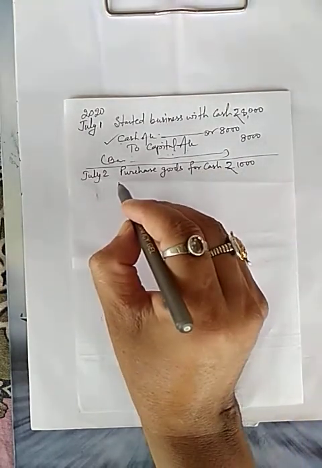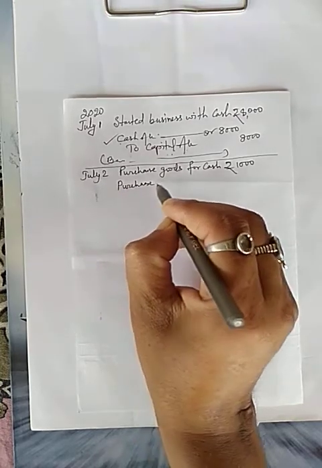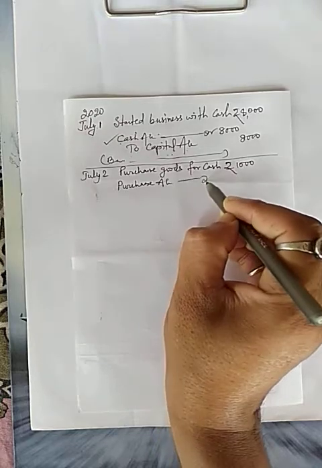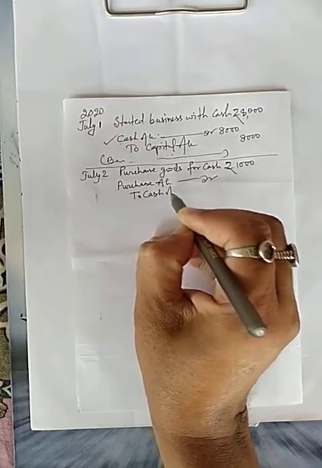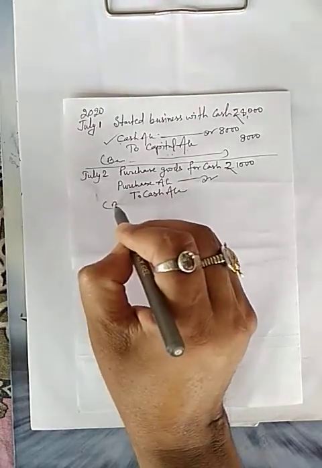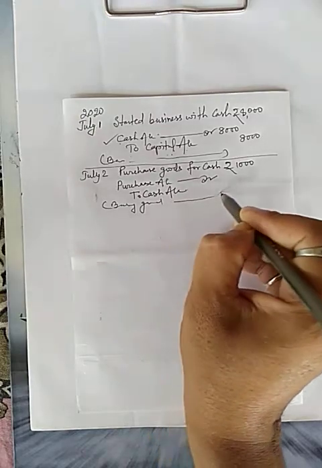Then journal entry will be purchase account dr to cash account, being goods purchased for cash.